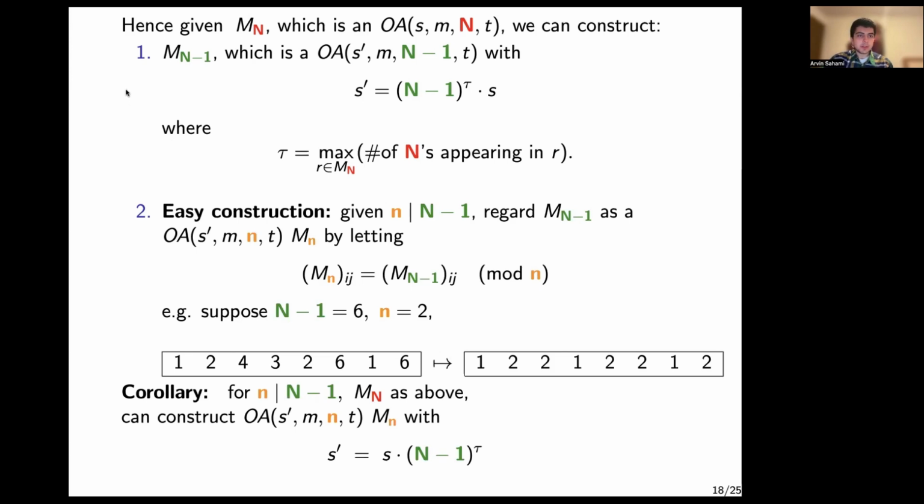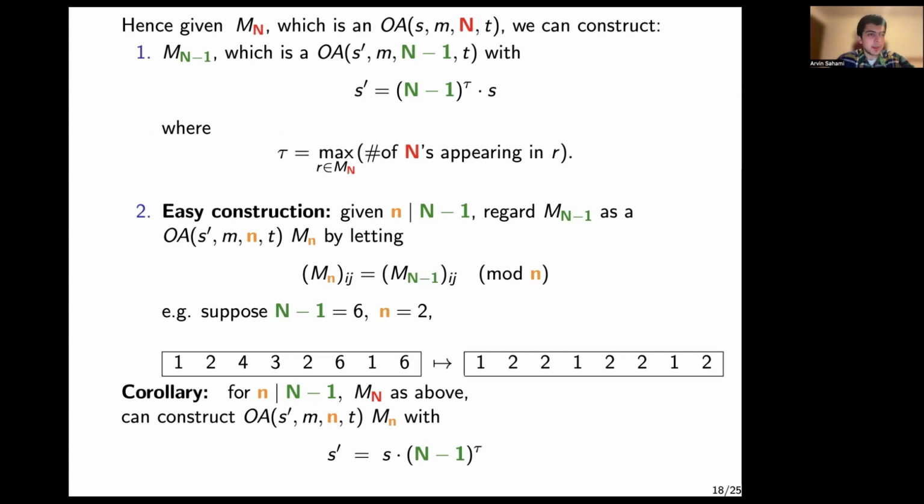Here's the second trivial step. Suppose your target level size is small n, and this small n happens to divide big N minus 1. Then you can do a trivial thing: you take your orthogonal array with big N minus 1 levels, and you just mod out all the entries modulo small n.